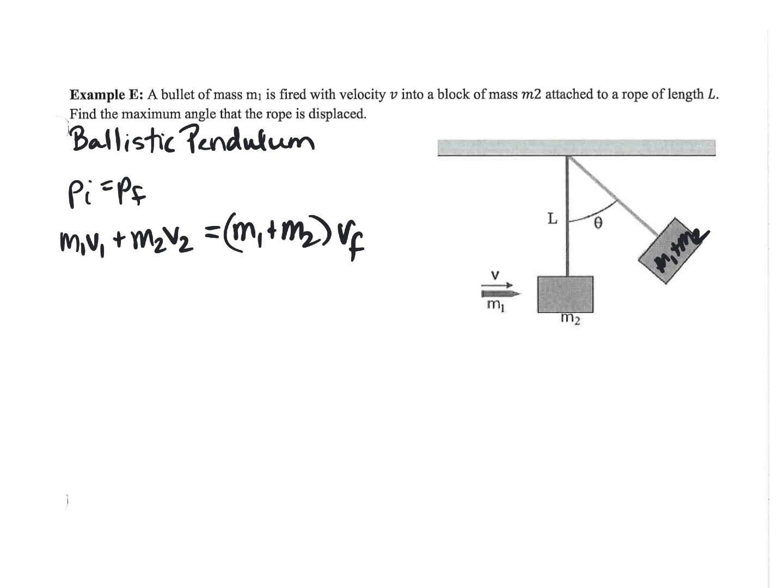What do we know about the velocity of mass 2 in the beginning? Guys, this has a velocity of V. This has a velocity of what? Guys, it's just sitting there. 0. So this is 0. So this zeroes out.